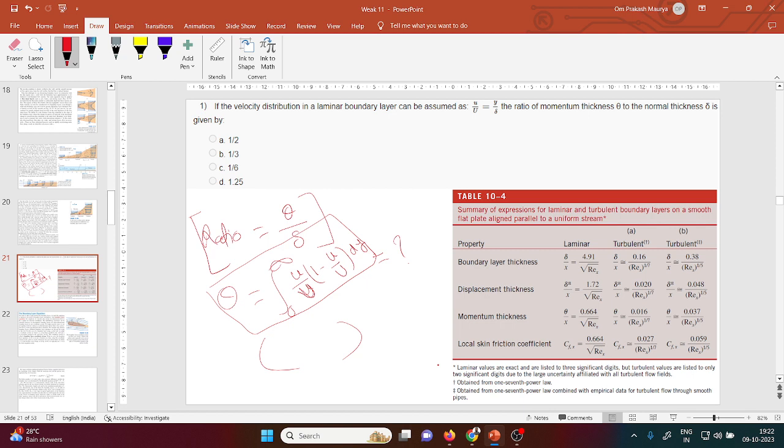Here infinity represents the maximum limit, and your maximum limit is delta. So the appropriate equation is theta equal to the integral from 0 to delta of u by U times 1 minus u by U, dy. If you put in y by delta here, such a type of equation you can expect in the exam, in your fluid mechanics exam also.